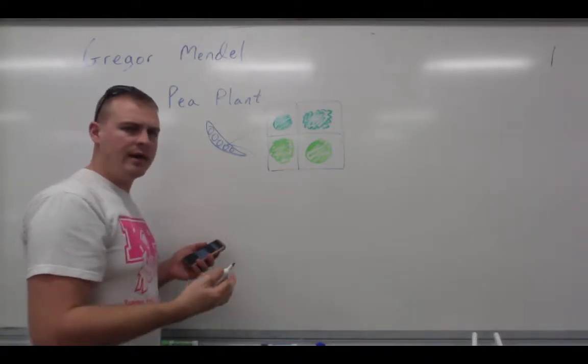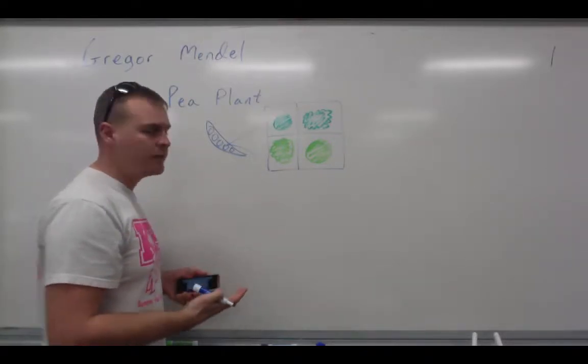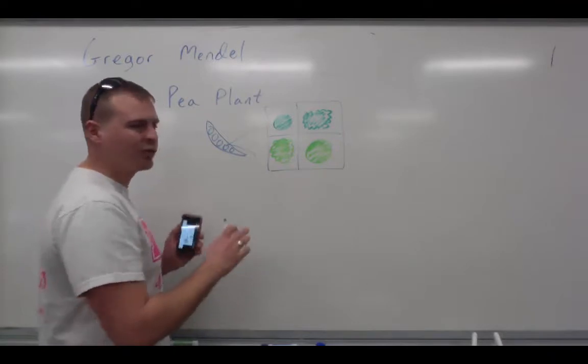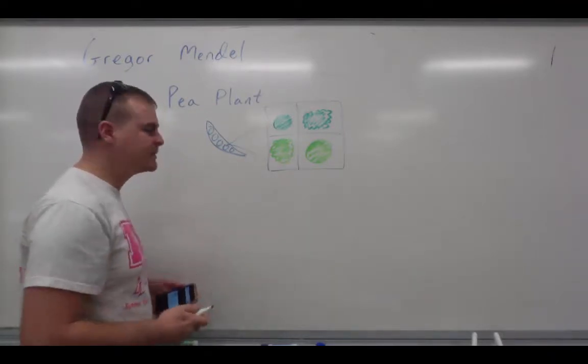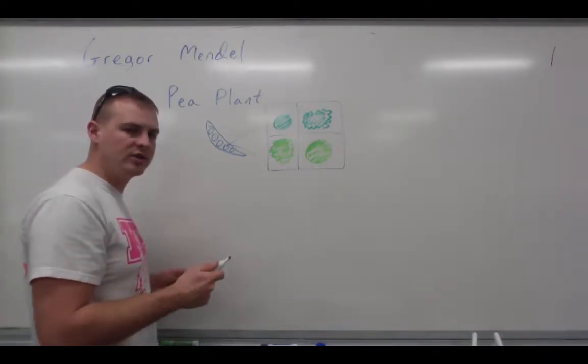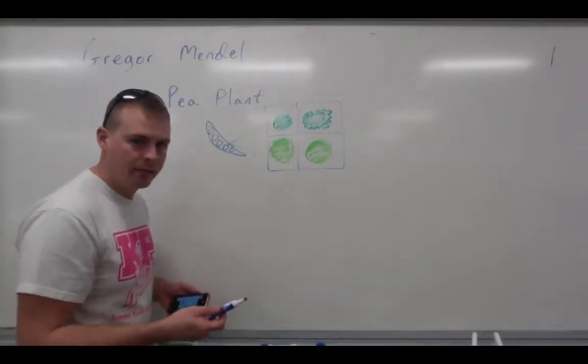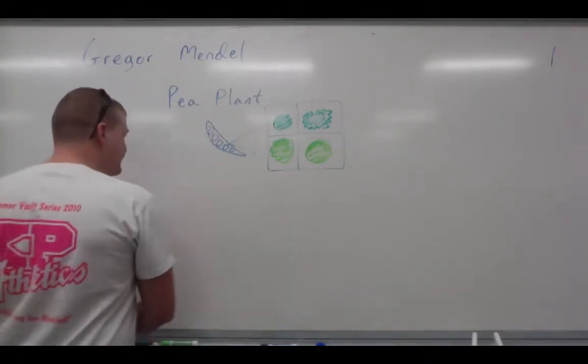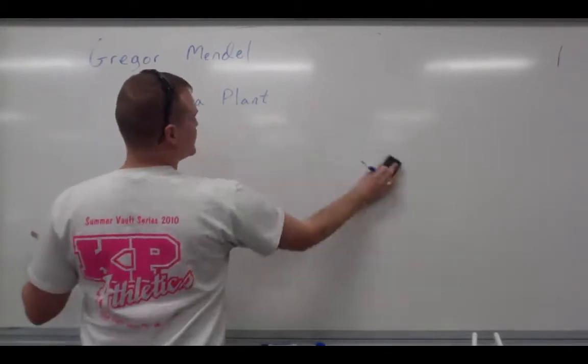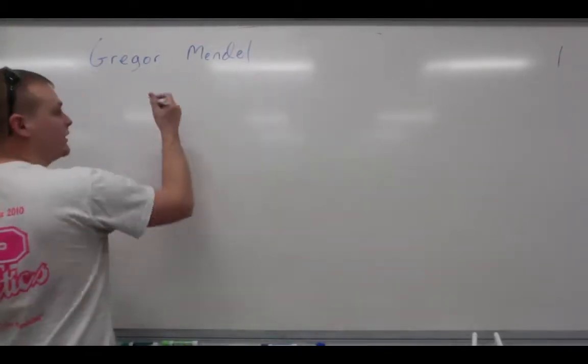And so why do I have that perfect ratio that started to appear? It wasn't really 25%, but for simplicity's sake, it was a really nice ratio, and it was the same ratio every single time. And so he's wondering why this happens. And so he develops this idea of a Punnett square.